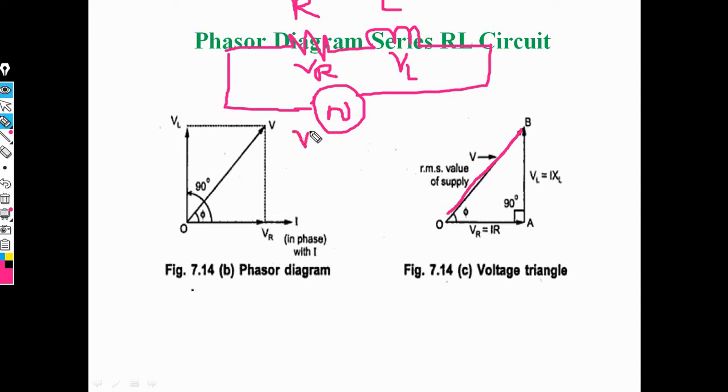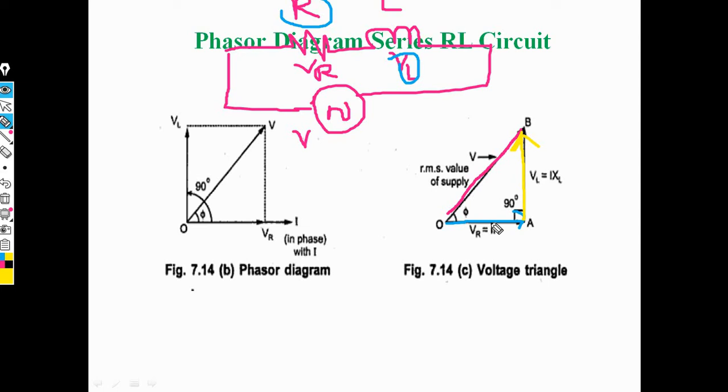Voltage V is drawn here, VR is drawn here, and VL is drawn here. In the voltage drop across the resistive circuit, voltage and current are in phase.